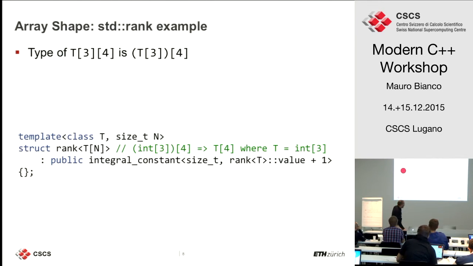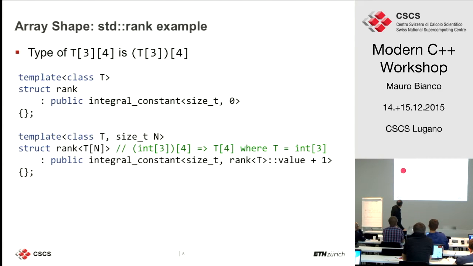If I pass this to something, the standard library has a rank function. It takes class T, and it gives the dimensions of an array. If I give you a type T, the rank of that is 0, so it's a static integral constant 0, and it inherits from that.